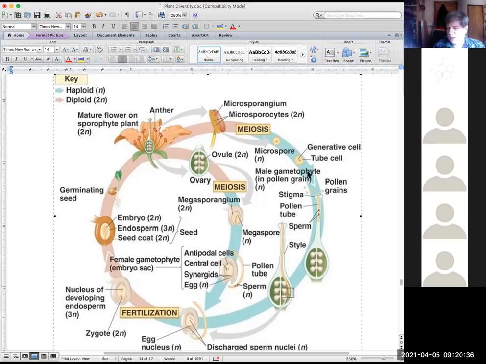And so the gametophyte, the 1N stage of the life cycle, if we would look at a typical flower, the gametophyte is a little part of the flower, several parts actually, because many flowers have male and female reproductive parts.